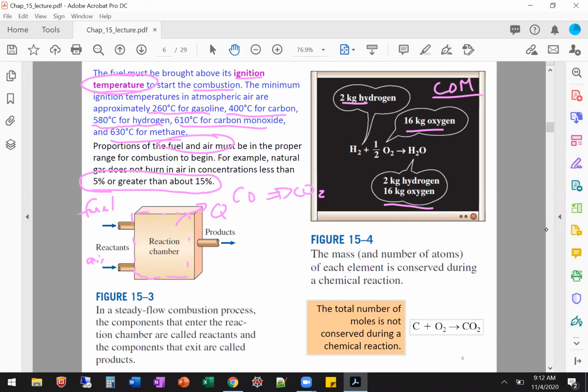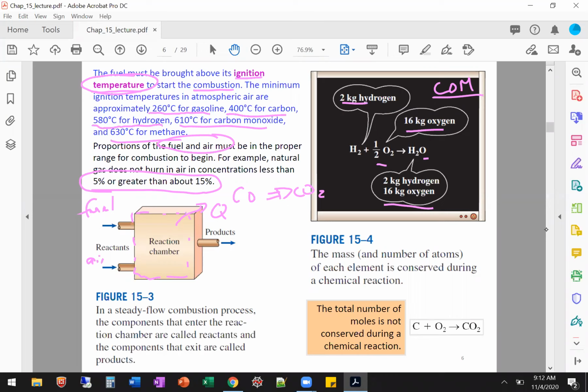Same with balancing the oxygens: there's 1 on the left because of that half times 2, which means there's 1 on the right. We're separating the hydrogen and oxygens, which each have their own molecular weight, and we're conserving it. And we'll talk about that later.